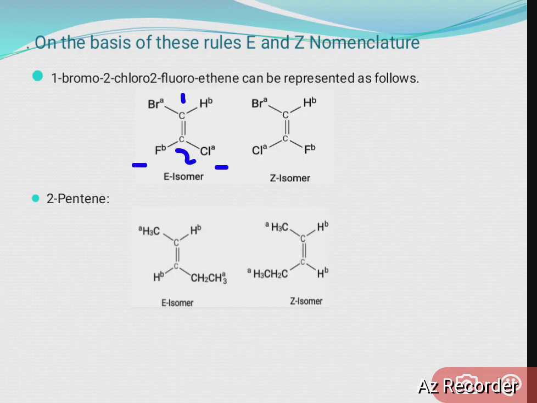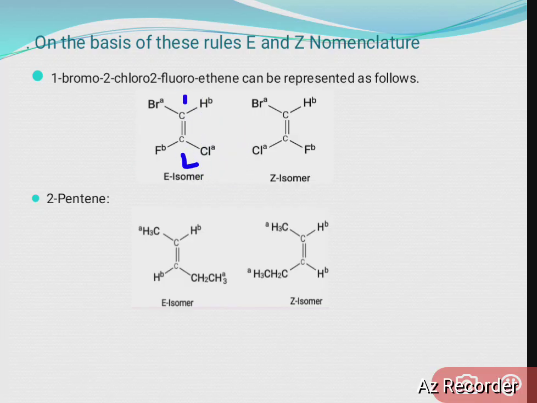In case of IUPAC nomenclature, how are you going to name this compound? It is 1-bromo, and here how are you going to consider fluorine and chlorine? This is according to alphabetical order. Whichever comes first in alphabetical order, we will name that one first. Here it is chlorine and fluorine, so C comes first, hence we name C first. Also we will consider the position of this chlorine atom.